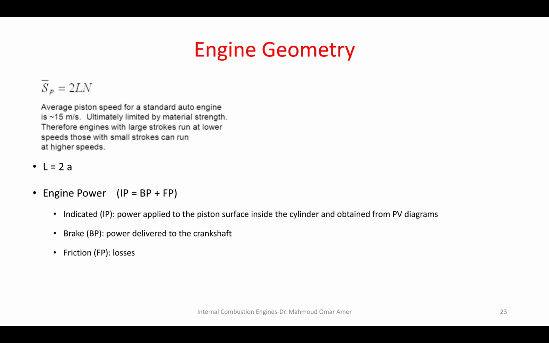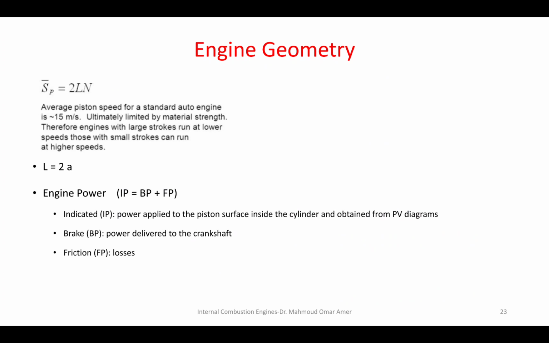Is all the indicated power that pushes the piston downwards utilized as output from the engine? No, because there is friction. Friction between the piston and the liners, friction between the valves, friction in the crankshaft, friction in the camshaft. All these frictions make you lose some power.